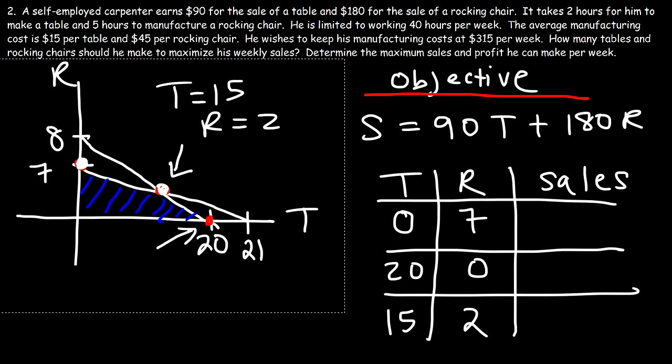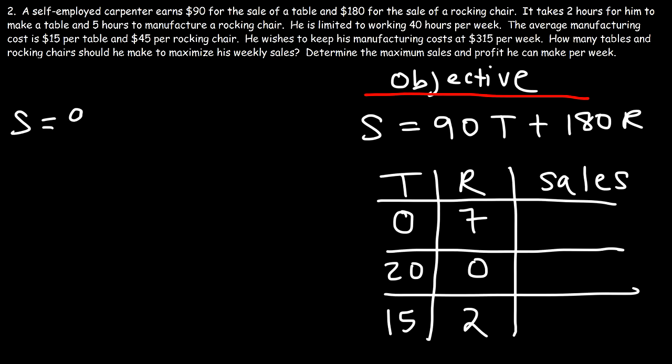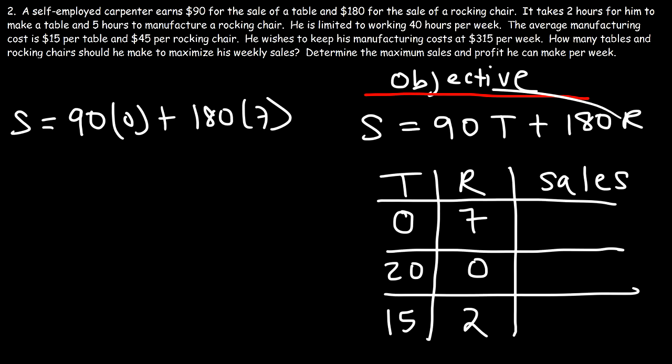let's determine the sales for each of those points of interest. So the first one, 90 times 0 plus 180 times 7, if we plug it into this formula, the objective function. So 180 times 7, that's going to be 1260 in weekly sales.